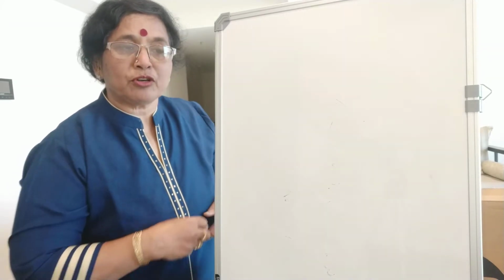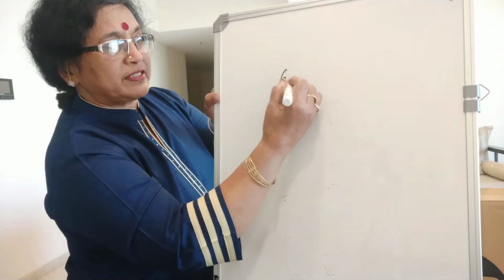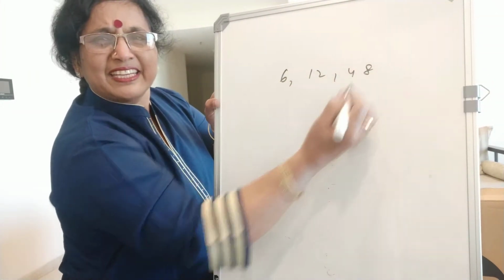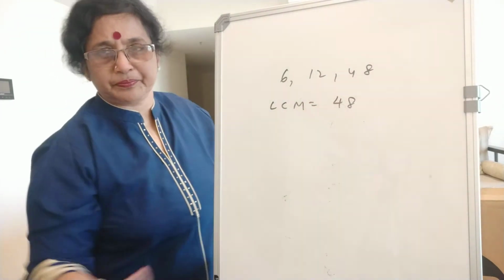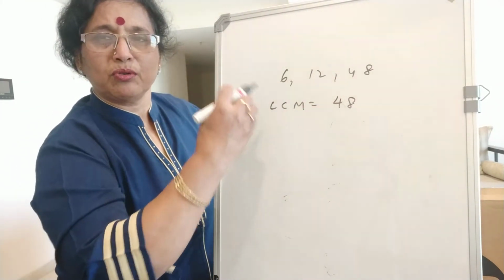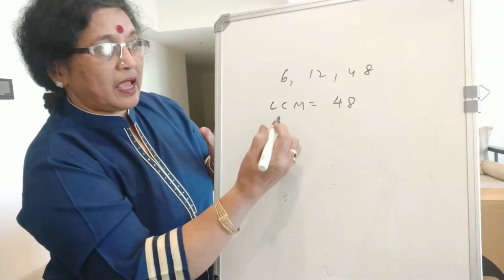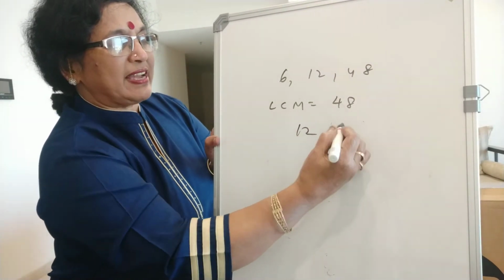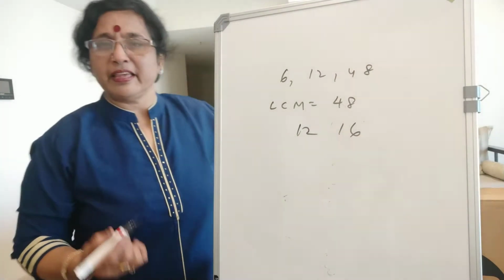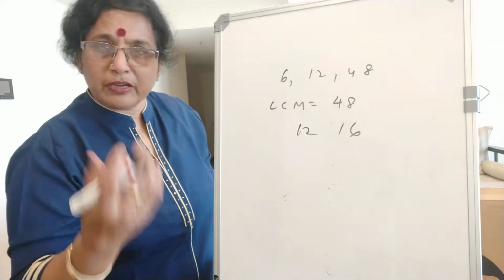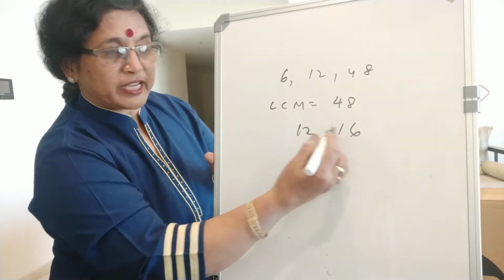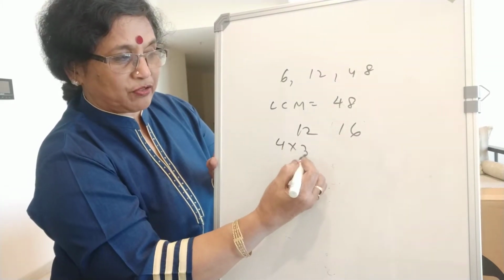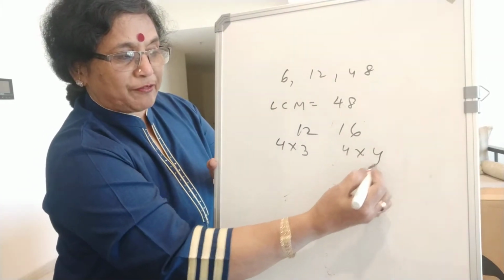Let us suppose you all know that if I have 6, 12 and 48, the LCM is 48. So you don't have to sit and do the LCM. If you have 12 and 16, instead of doing the traditional way, you take factors 4 and 3, and 4 and 4.